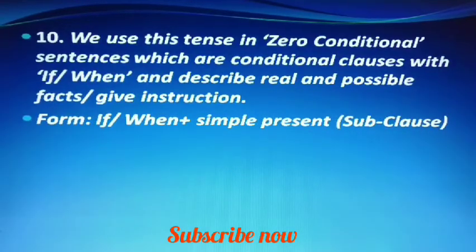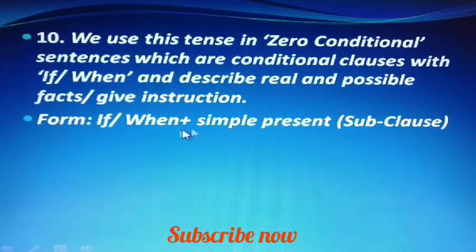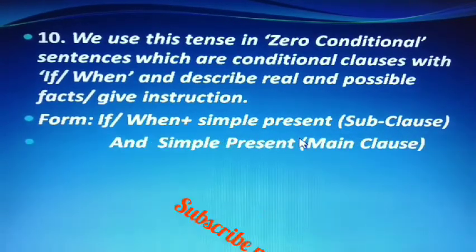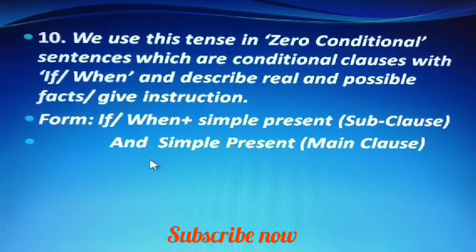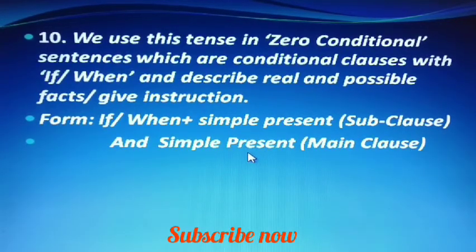Look at this. The formation of zero conditional clauses. How to form? If and when we use as linker, then the sub clause is in the simple present tense, and we also use the main clause in the simple present tense too.